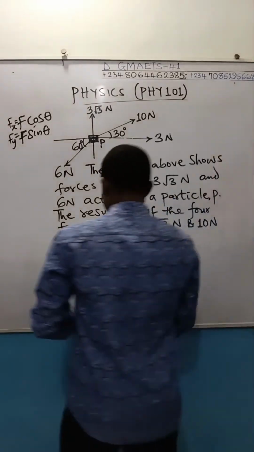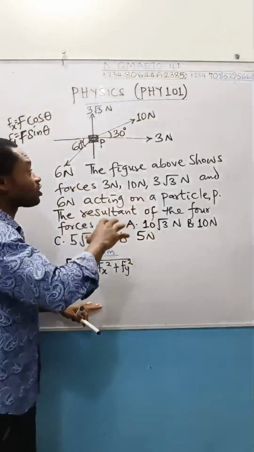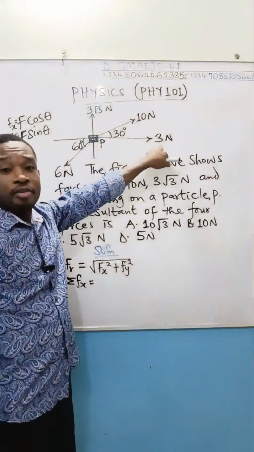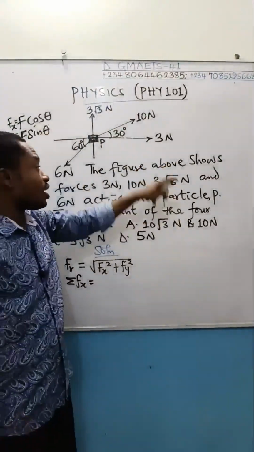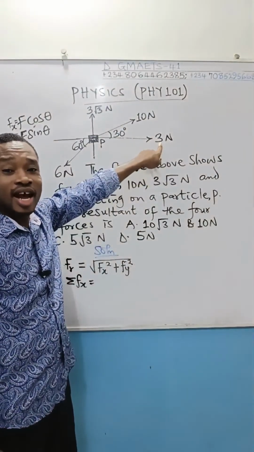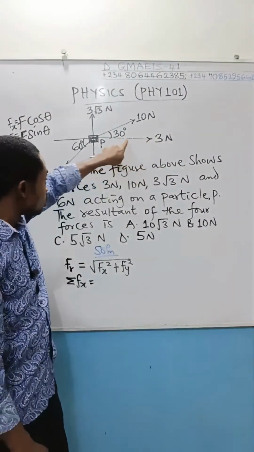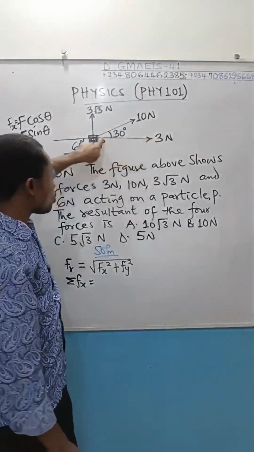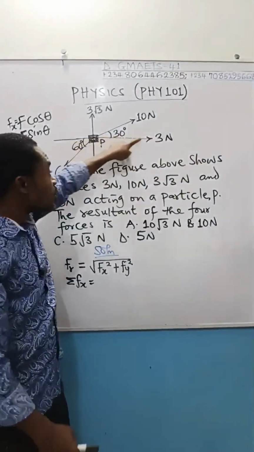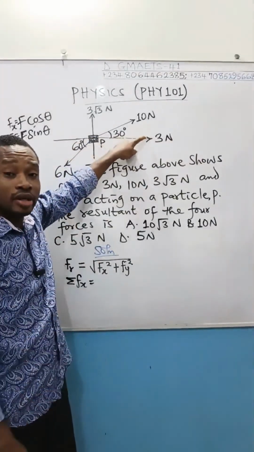So let us resolve this. We're going to take all the forces along the horizontal axis. I will start with these 3. And remember, we're using F cos theta. The force value here is 3. So it's going to be 3 times cos of the angle that this horizontal line makes with the horizontal axis. The angle it makes with itself is 0 degrees.